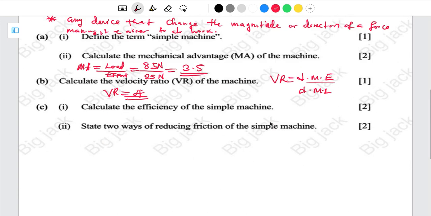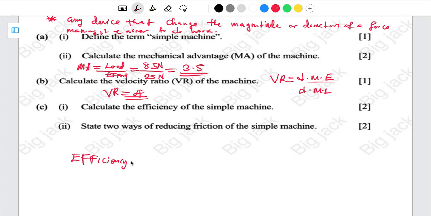Right. Then for question C, Roman numeral 1 is asking us to calculate the efficiency of the simple machine. To calculate the efficiency, you need to know that the efficiency of a pulley system is not 100% unless it is an ideal pulley system. The pulley system which has 100% efficiency is known as an ideal pulley system or an ideal simple machine.